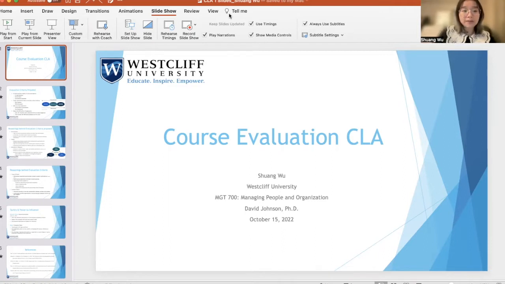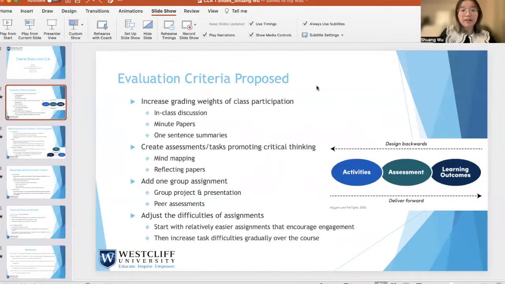To start with, let me share the evaluation criteria, including activities and assessment designed backwards based on the learning outcomes I made. Firstly, I propose that instead of giving credit only to class attendance, we should increase the grading weights of class participation to encourage students to actively participate in class discussion.